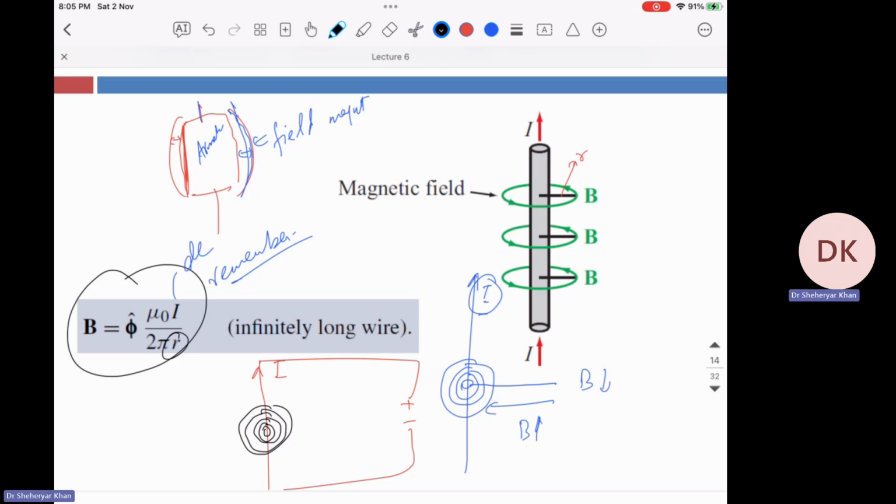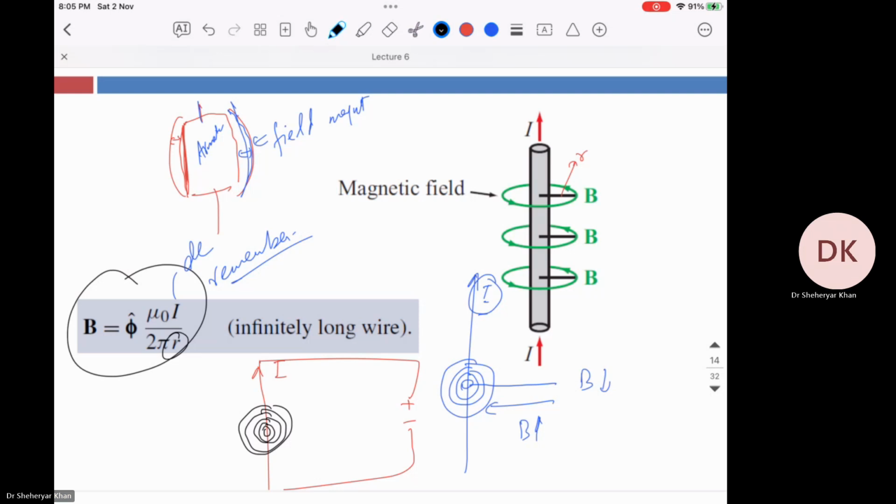And that's exactly what happens in overhead transmission lines. They have an electric field plus a magnetic field. The height of the pole is quite high, so with B equal to mu naught I over 2 pi r, the magnetic field at the ground is much less due to this r.